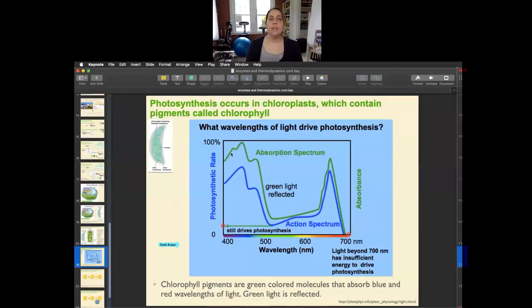So it's never absorbing the wavelength of light that you are seeing. It's saving that wavelength of light for you so you can see it. And we often get confused about this because our interactions with these things in real life make us think that thing inherently is green, but what it's absorbing is not green. What it's reflecting is green.